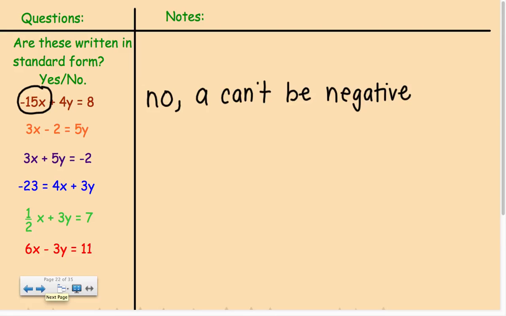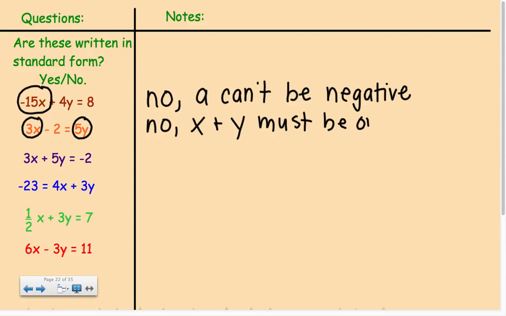The second one has x and y on opposite sides. So no, x and y must be on the same side.